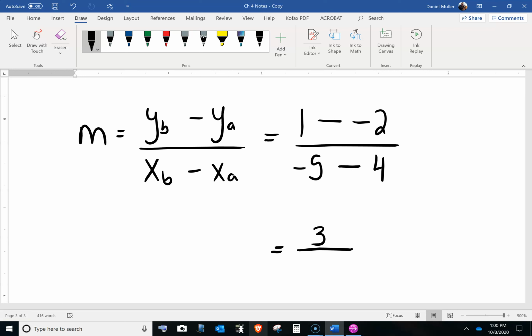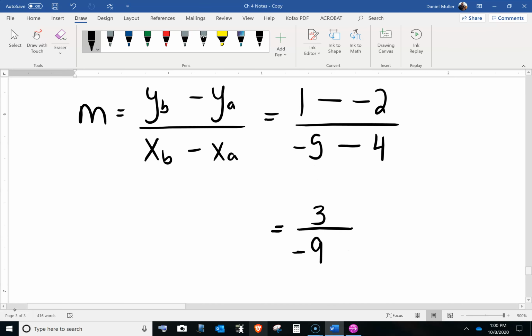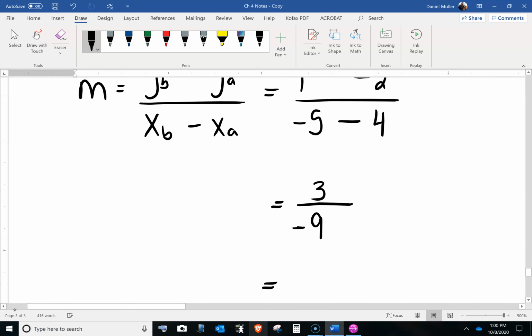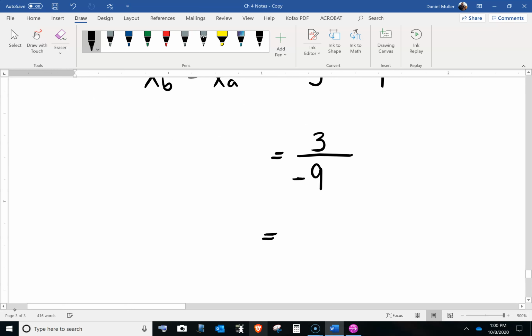And negative 5 minus 4. So the 5 is negative and the 4 is negative, so they're both negative, meaning that we're going to be all negative, and that's going to be 9. Now that can be reduced. They can both be divided by 3. So you get 1, and 9 divided by 3 is 3. Now the negative can go anywhere.